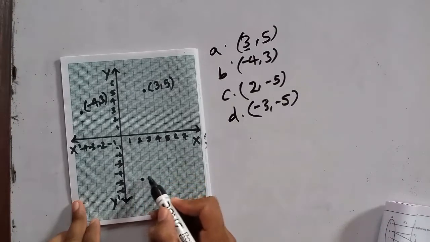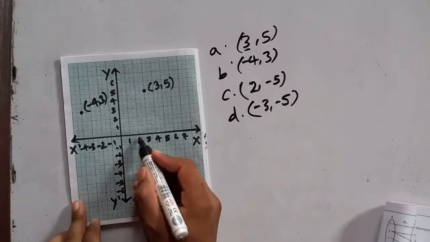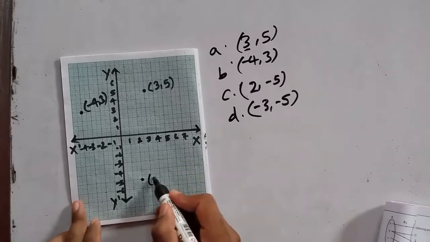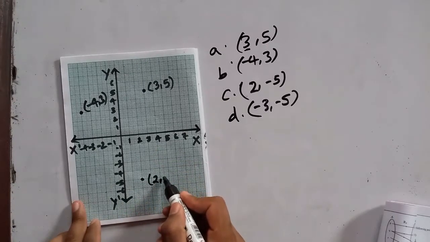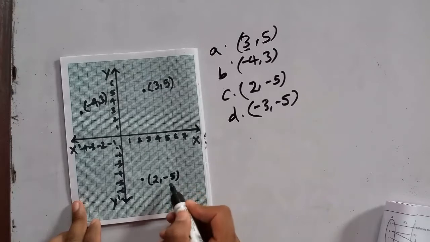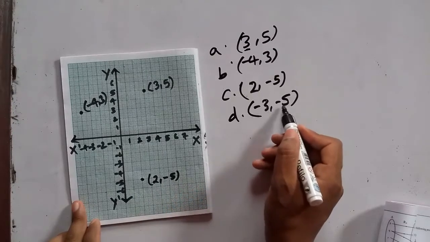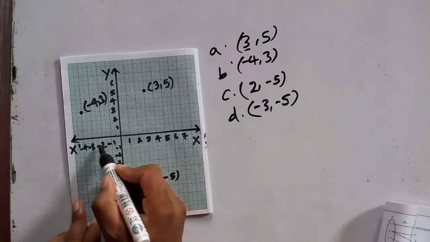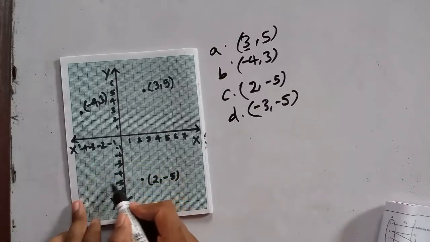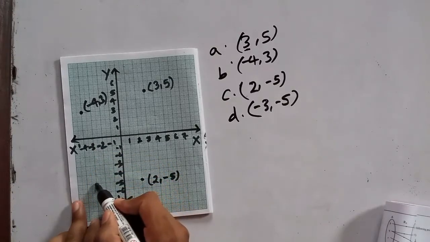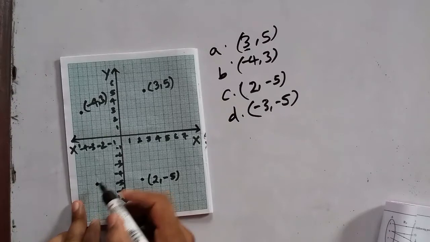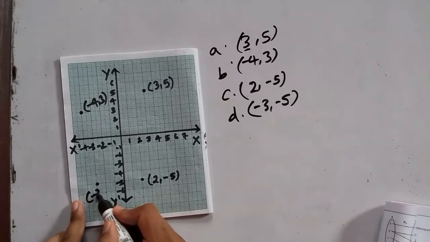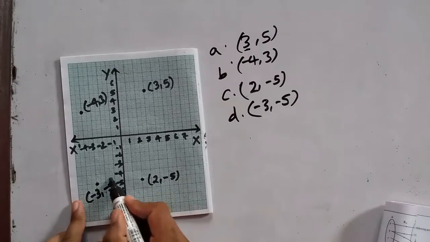Here is (2, -5). Another is (-3, -5). Minus 1, minus 2, minus 3 here and minus 5 here. The meeting point is here. So this is our last one, (-3, -5).